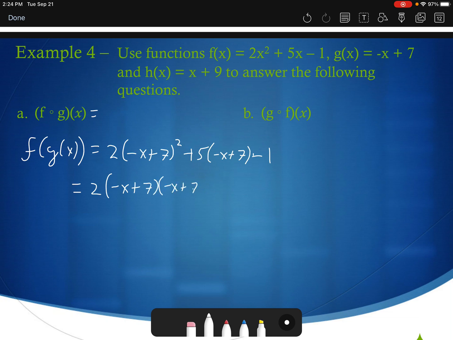So you have negative x plus 7 times negative x plus 7. I'm going to go ahead and distribute the 5 if you're okay with that. And that's going to be x squared minus 14x plus 49, I believe.